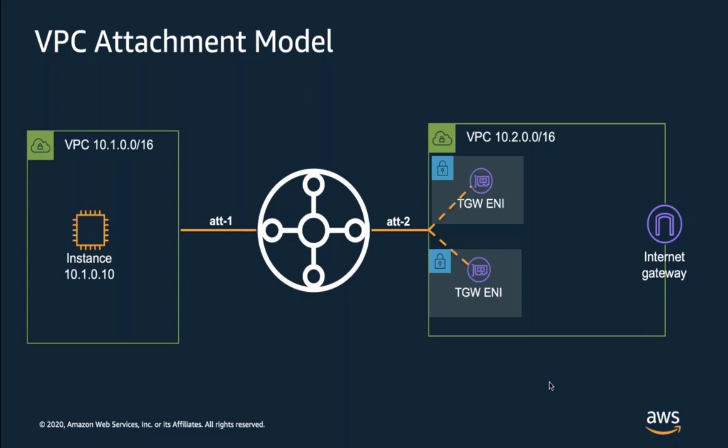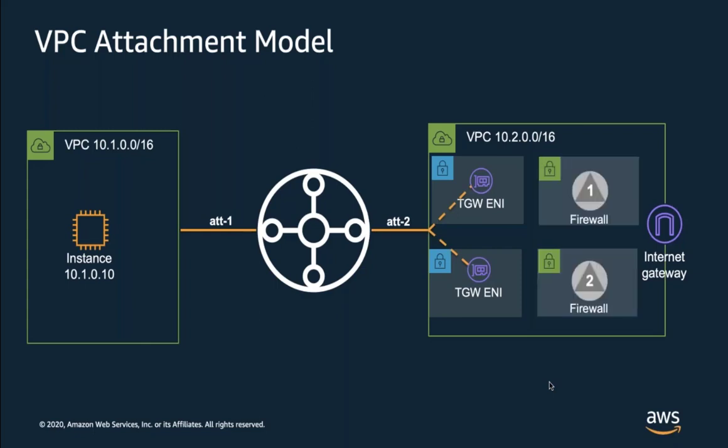The important thing to remember here is traffic can arrive on whichever one of those 2 interfaces, so in whichever one of those 2 availability zones. The next thing we need to provision are public subnets, so subnets that will have reachability to the internet through the internet gateway. And that's where we will provision our security appliances, in this case, firewalls 1 and 2.